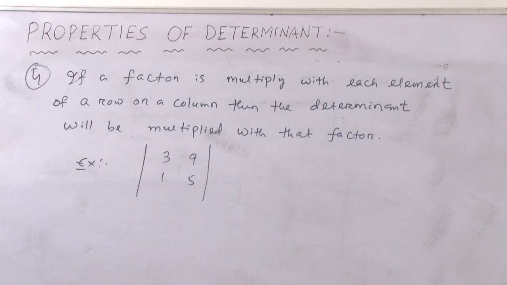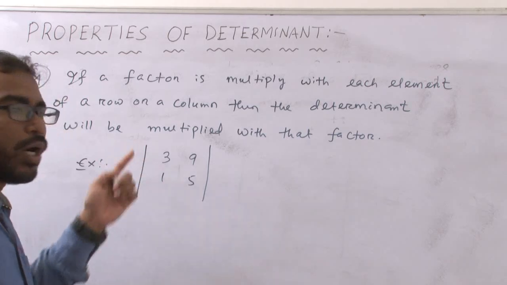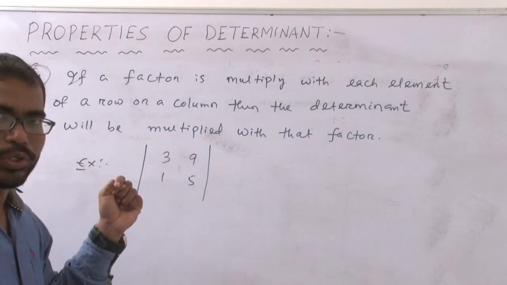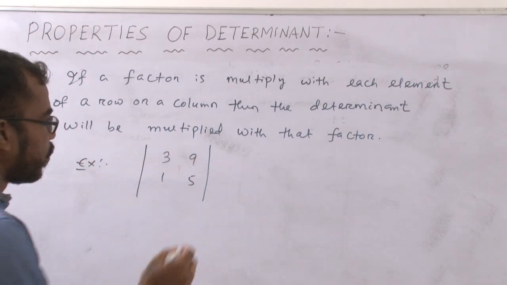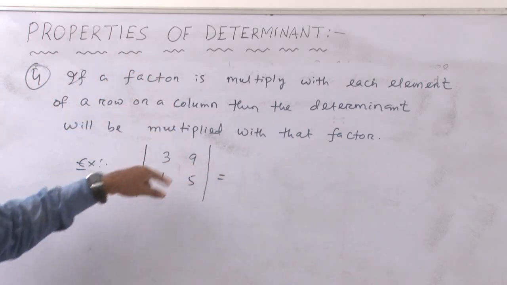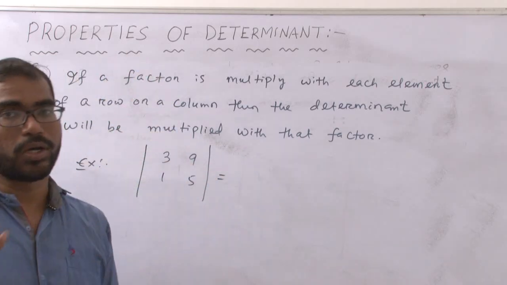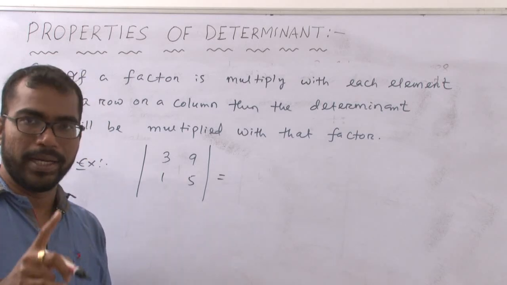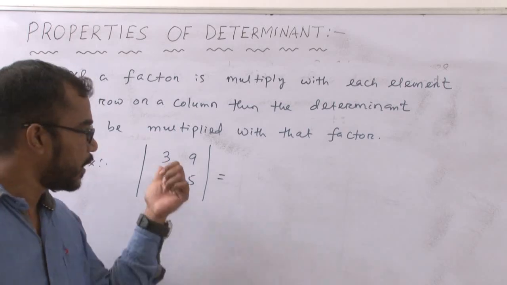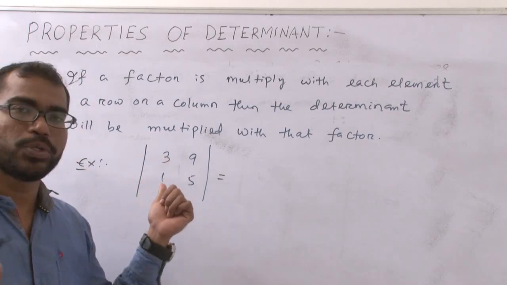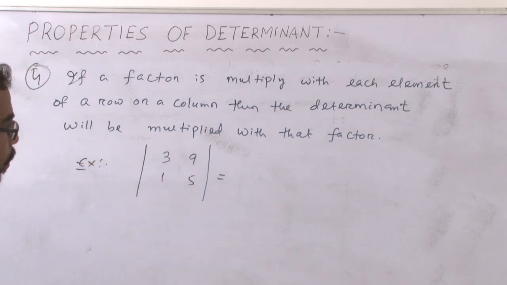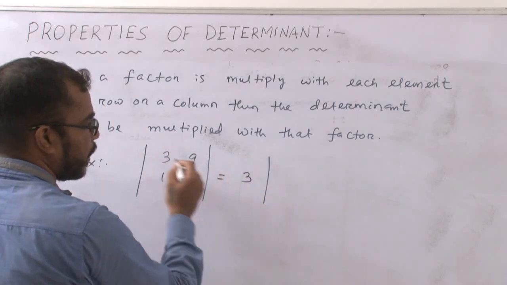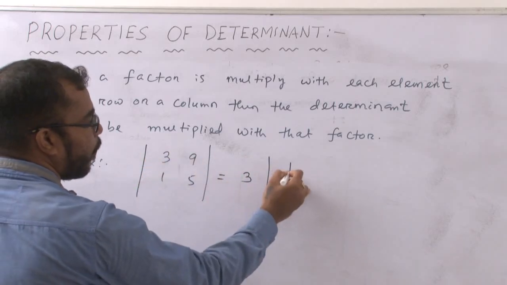In this determinant, can we take common any rows or columns? Yes, we take common. In the first row, we take common 3. In a determinant, we take common from any row or column, but in a matrix, we take common from every element. So in the first row we take common 3 only, so the first row will be 1, 3.